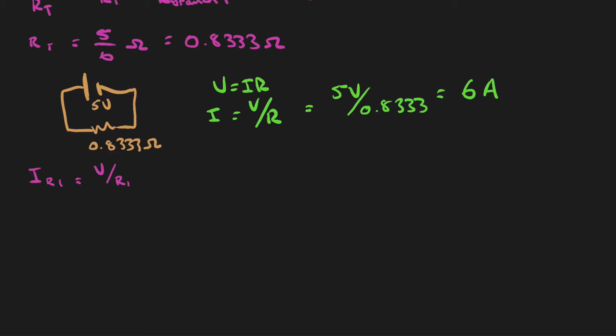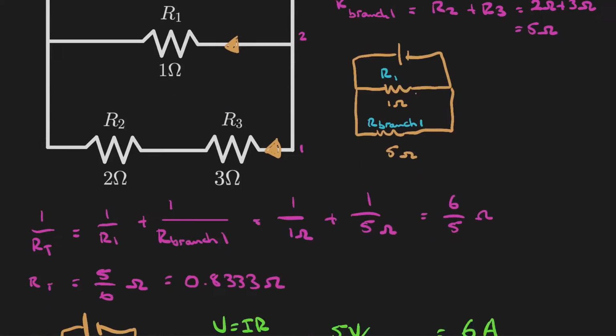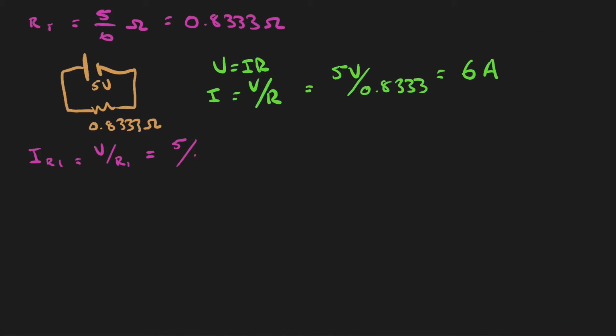So instead of V equals IR, I move the R over to the V, and you get I equals V on R. So if I go back to this, we know what V is because it remains the same, so that's 5 volts, that's the supply voltage, divided by R1, which is 1 ohm. So 1 ohm, and that equals 5 amps.